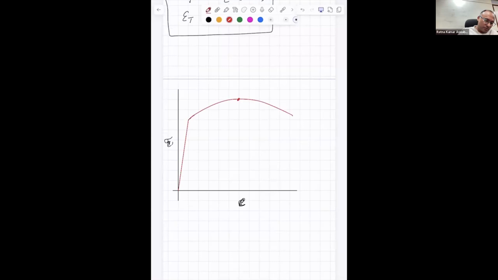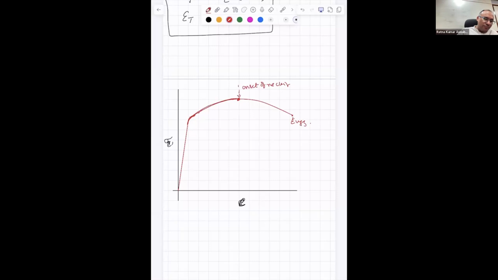This is how your typical engineering stress strain curve looks. Now, if you look at the true stress strain curve, what is happening here? Before necking and after the plastic deformation. This is the onset of necking.